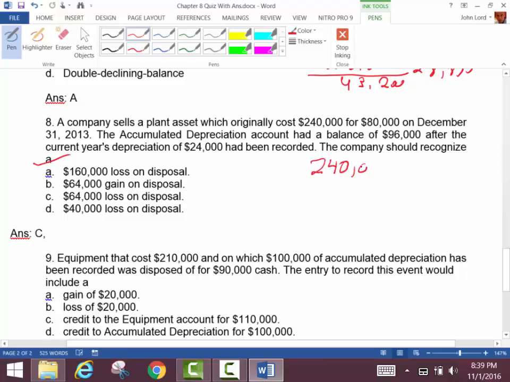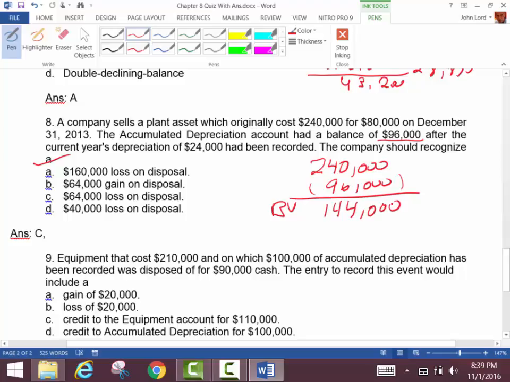240,000 is the original cost, and the accumulated depreciation is 96,000, isn't it? So the book value of that asset is how much? 144,000, you say? Okay.